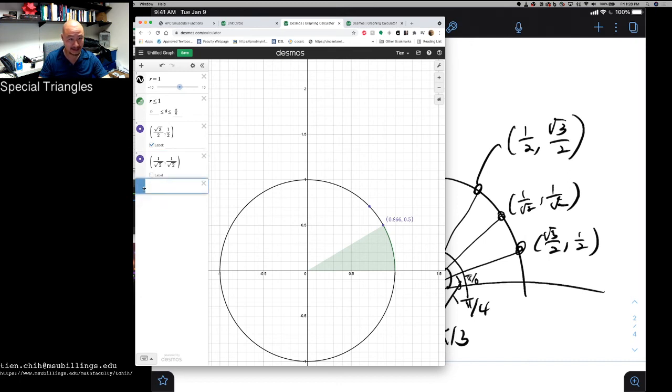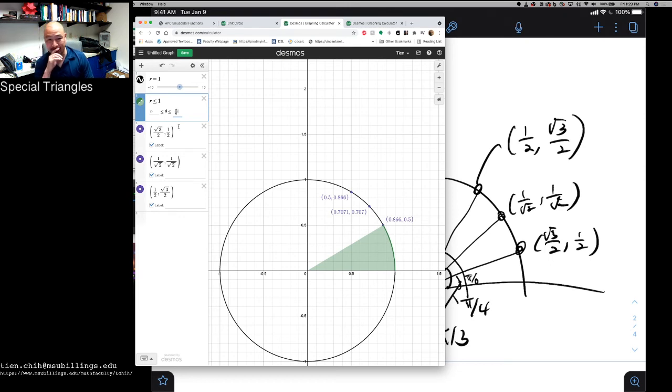And then finally 1/2 is my x, square root of 3 over 2 is my y. And so those are my 3 points, right? And so let's see what happens.